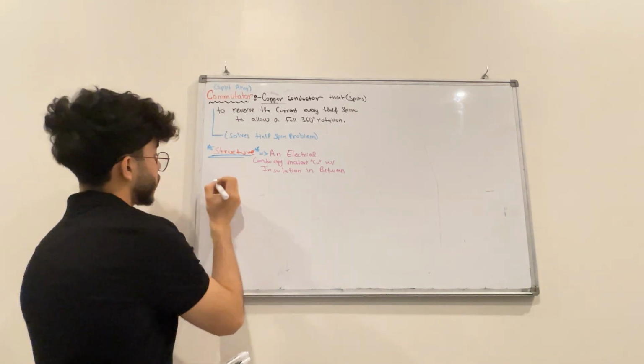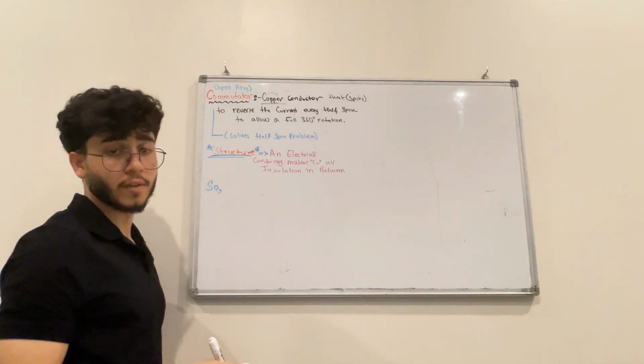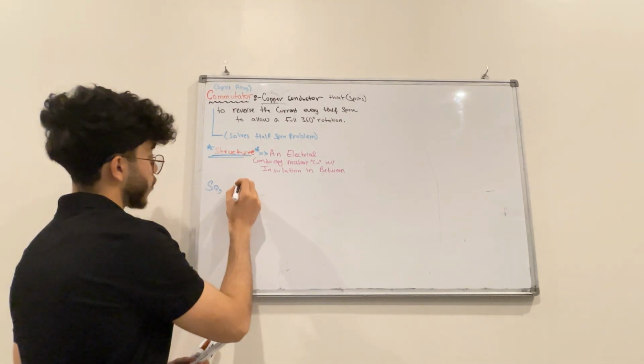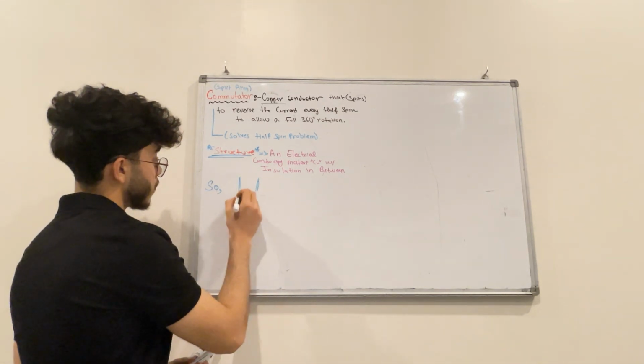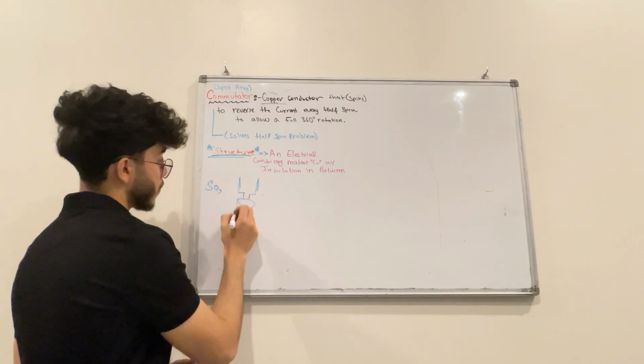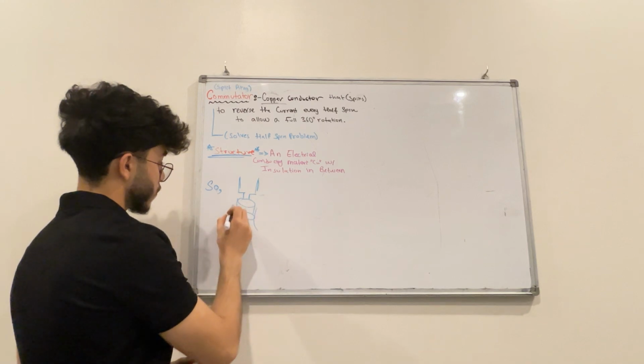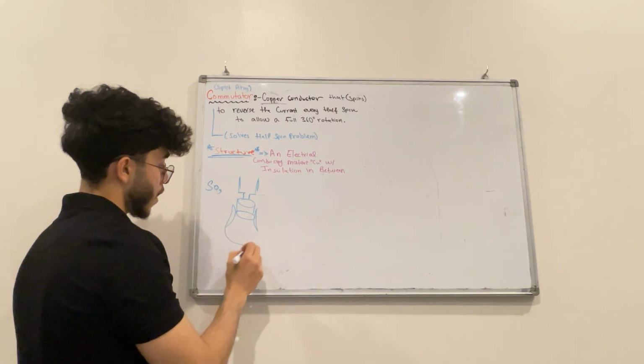This means that, if we draw a nice commutator diagram over here, there is a coil, commutator, brushes, and power supply.